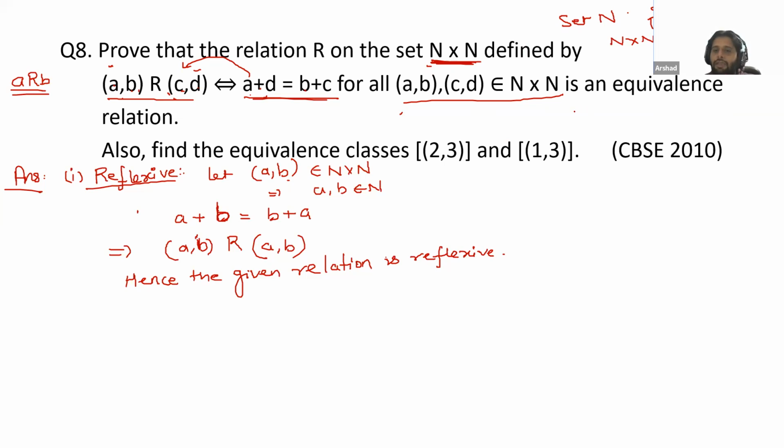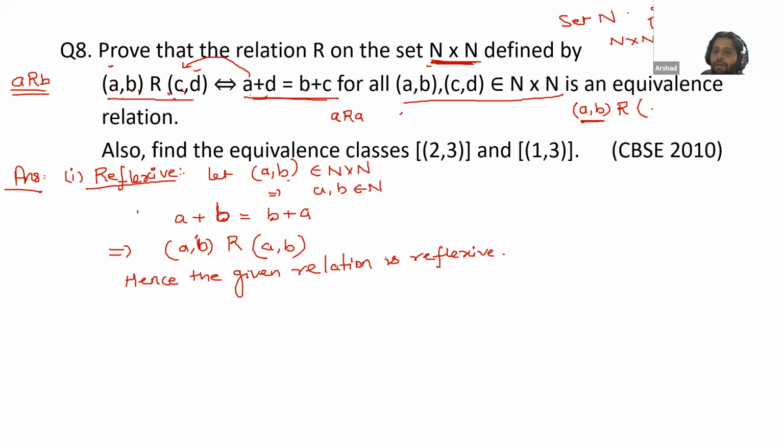For reflexive, if our first value is A comma B, then observe what should be the next value? A comma B related with what? In the previous cases, we always wrote that A is related with A. Here, our first element is AB.